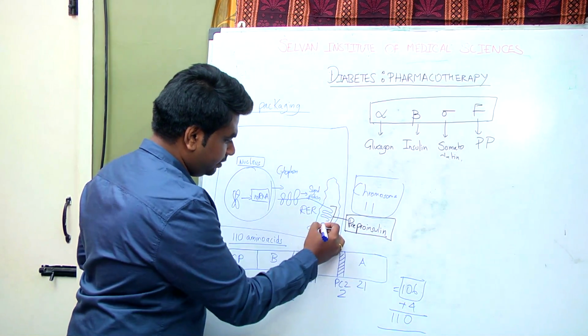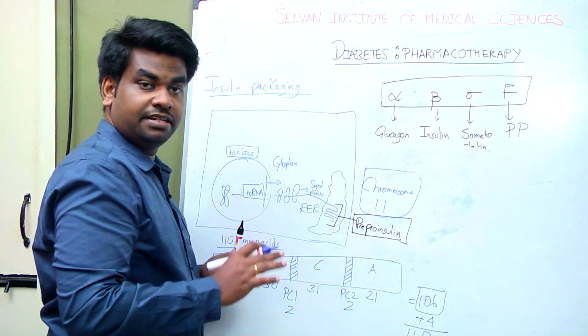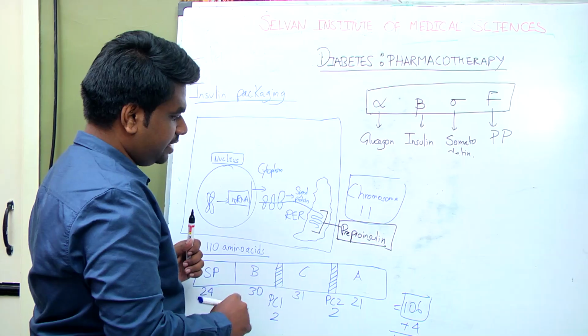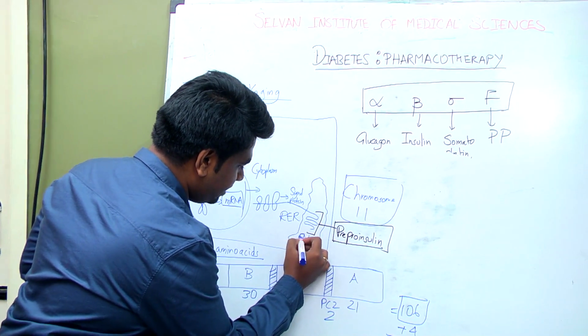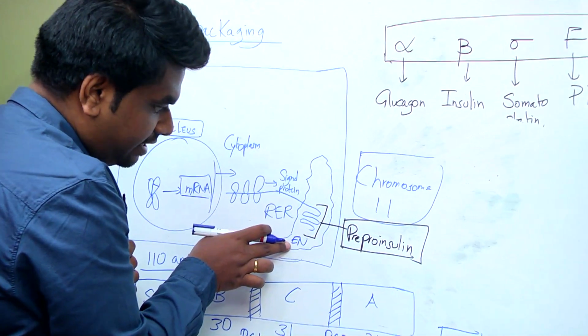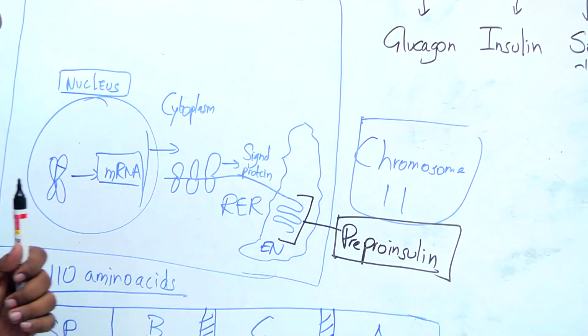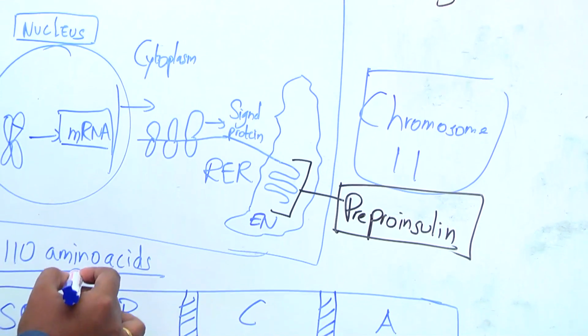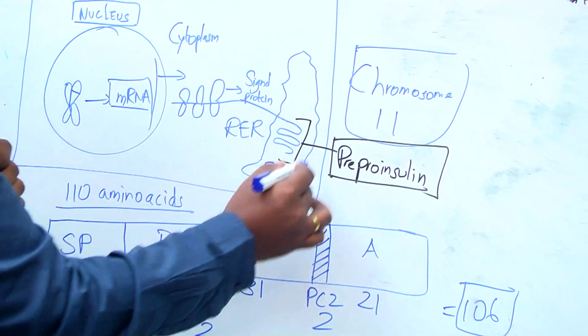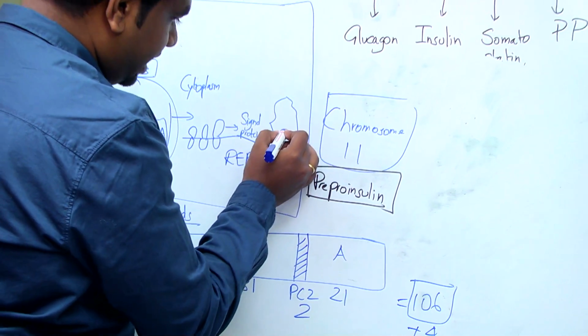The next step, there are endopeptidases which are present in the rough endoplasmic reticulum. These will act on the pre-pro-insulin and they will cleave the signal peptide from the pre-pro-insulin. That is the next step.